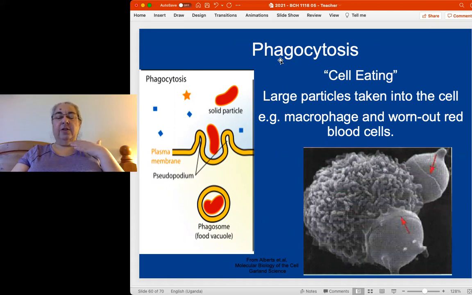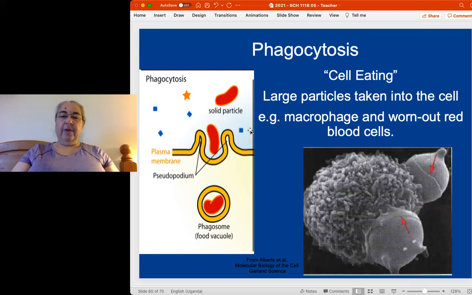Phago, a bit like esophagus, okay, it's to do with eating. And here is an electron micrograph of a macrophage, a cell of the immune system, eating a worn out red blood cell, okay? So you can see that the whole red blood cell is being taken inside the macrophage cell.